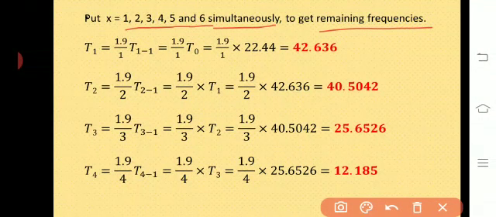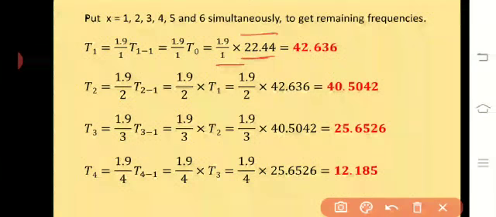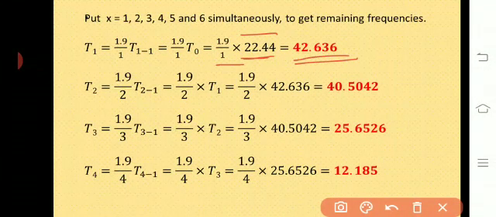Now if you put x equal to 1, then you will get T1, which is equal to 1.9 upon 1 into T of 1 minus 1, which is T0, and the T0 value we have calculated in the previous step. Therefore 1.9 upon 1 into 22.44, you will get 42.636.